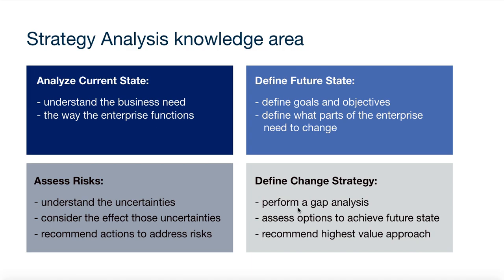And what is this gap analysis? You need to find out the gap between the current and the future state. Based on that, you would be able to analyze and assess the options that would be possible to achieve that future state. And when you analyze and come up with these options, you can recommend, and the team can see which would be the highest value option that would help us to achieve that desired state.